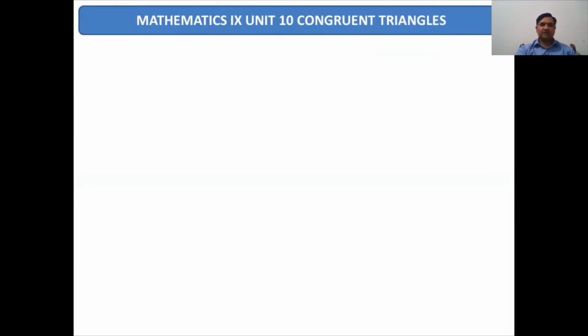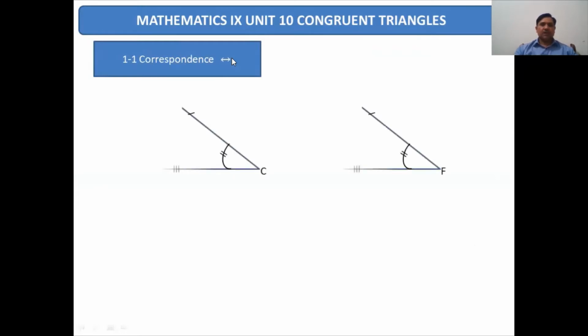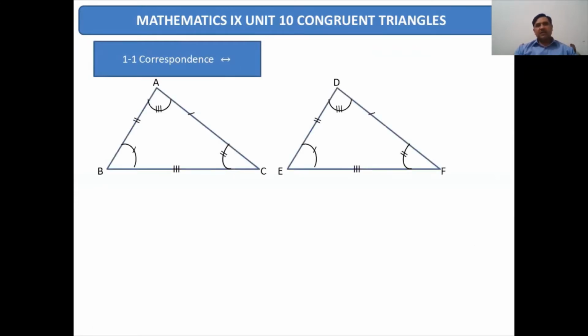So let's see 1-1 correspondence, and this symbol is used for the 1-1 correspondence. Let us consider 2 triangles, triangle ABC and triangle DEF.